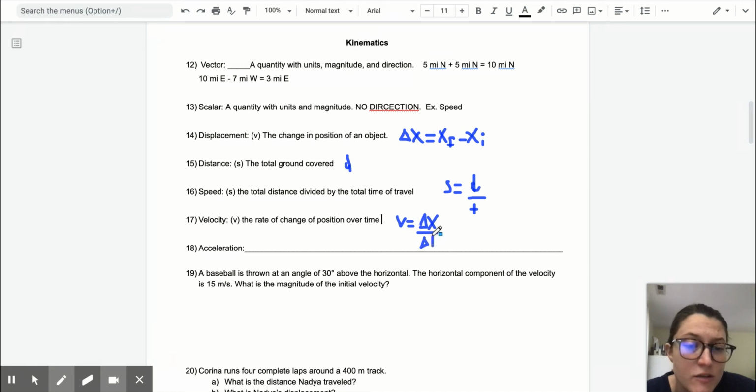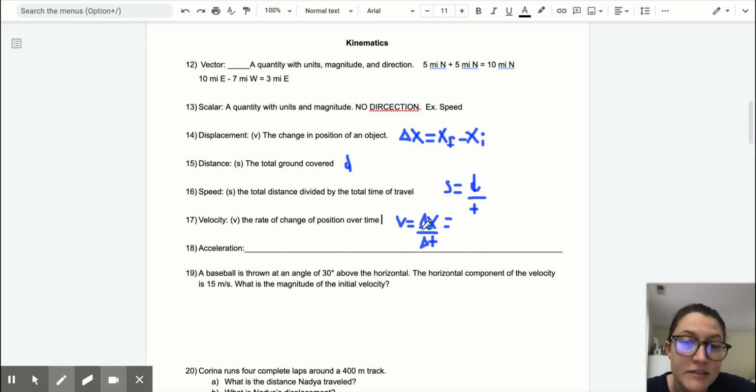So yes, we do use delta t, but really that time is the total time that is traveled. If you stop, just like in a cross-country race, the time that you stop during the race is counted in your calculation of your velocity. So t, although we use delta, is technically the time from the beginning to the end of the object's motion, even if that includes a rest or a stop.